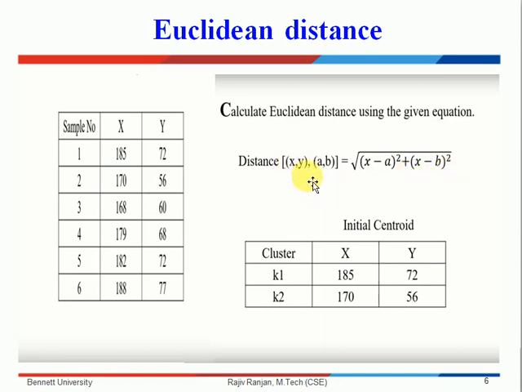So (x, y) is the coordinates of first cluster and (a, b) is the coordinates of second cluster, right? According to this equation, we'll do all the computations. We'll find the distance of the rest of the data set from cluster 1 and cluster 2 step by step, right?